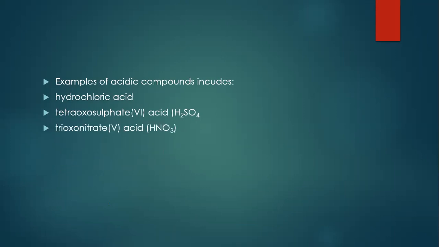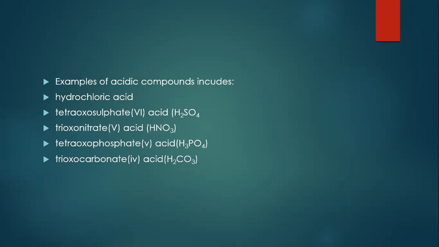You have trioxonitrate 5 acid, as I made mention, HNO3. You have tetraoxophosphate 5 acid, that is H3PO4. They are all types of acids, whether they are weak acids or strong acids. They are all acidic compounds.